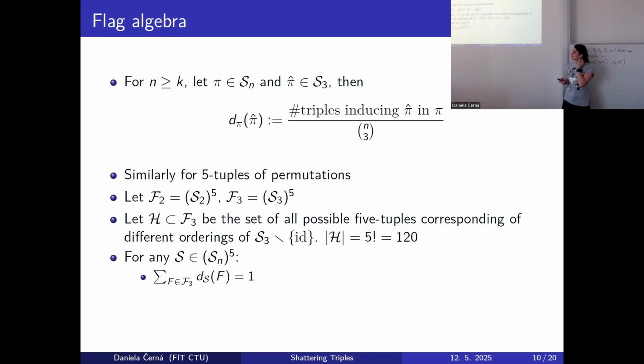For any 5-tuple of permutations, if I sum over all possible patterns I can see the densities of this pattern, I have 1, because I cannot see anything else. And the normalized number of shattered triples is exactly the sum over the patterns we want to see, which is the ones from H.